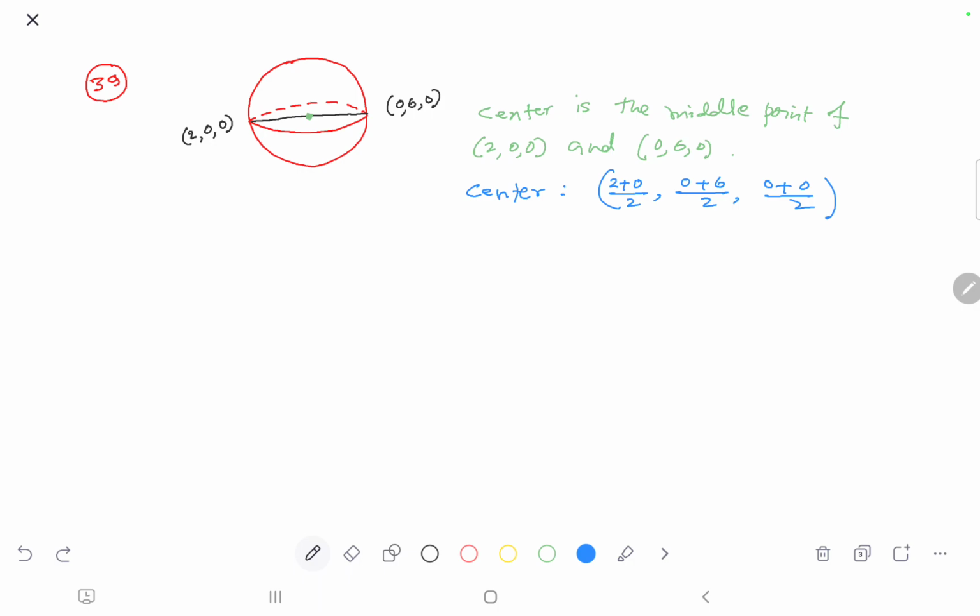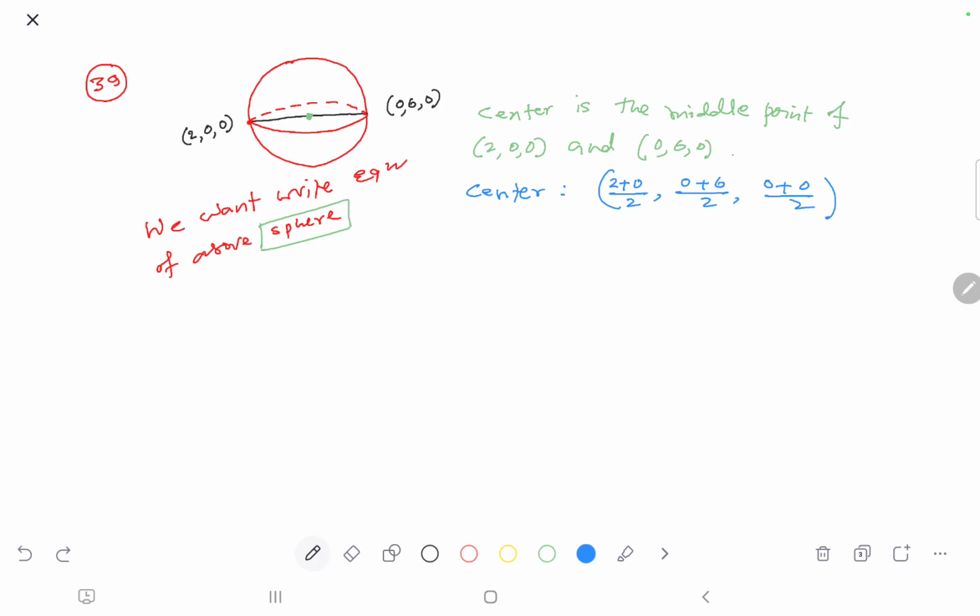We want to write down the equation of the sphere, given only the diameter endpoint coordinates. To write down the equation of a sphere, you need the center and you need the radius, right, Mayan?